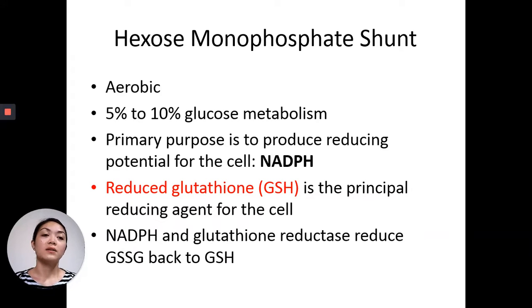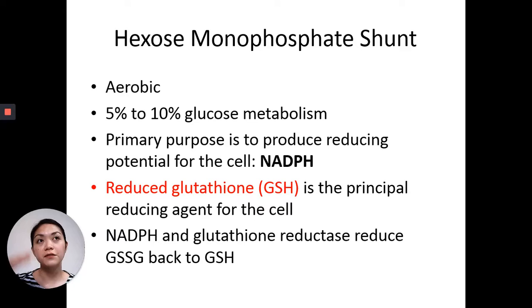Okay, so that's for your EMP, the major pathway of producing ATP from glucose. Okay, the minor one is HMS, hexose monophosphate shunt, or PPP. Now, aerobic naman siya. In the presence of oxygen, glucose can still be converted, no? But it's just a diversion actually of EMP.